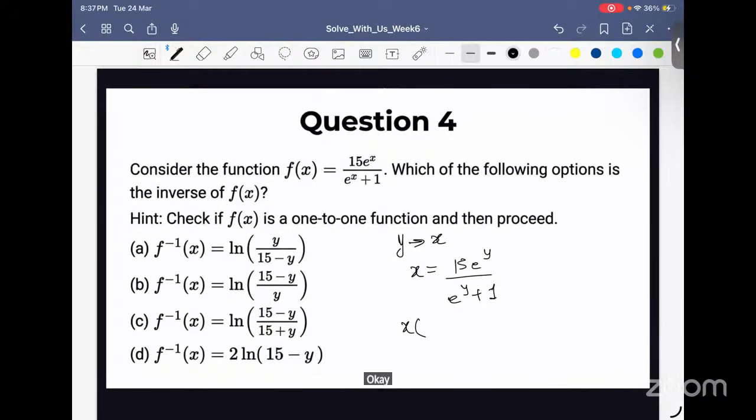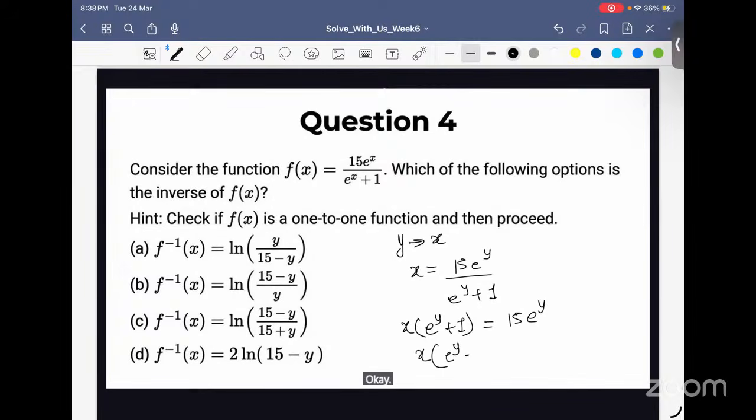So x times e to the power y plus 1 equals 15 e to the power y. Then e to the power y times 15 minus x is equal to x.